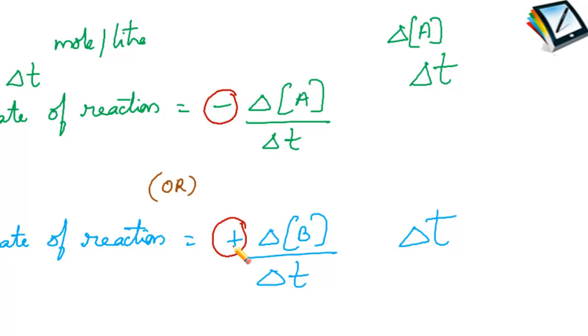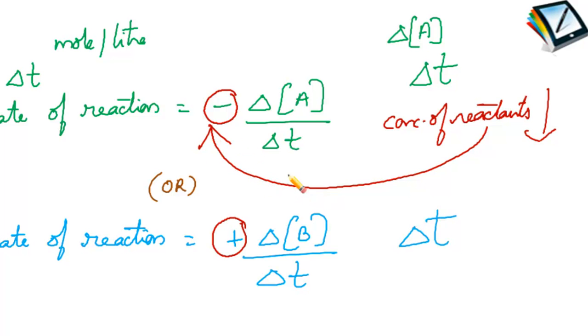And what does this minus and positive sign indicate? As just mentioned, along with the time, the concentration of the reactants decreases, and the decrease in concentration is represented by that negative sign. I repeat, the negative sign indicates the decrease in concentration of the reactant. Then what will be the case for the positive sign?